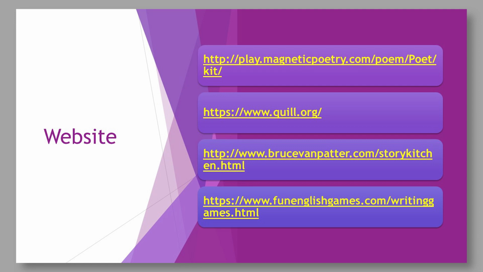With magnetic poetry, you literally slide words into place and then you click go and it reads your poem to you. Quill.org is also another website that allows you to write text online, and it can be published if you choose. The Story Kitchen allows you to actually write stories online, either independently by yourself or with a partner.